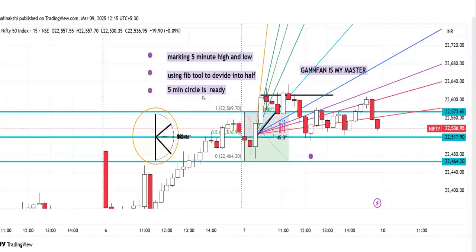Now, everything is ready: the 5-minute high and low. I've made the circle, and now I'm ready for my trade. I'm applying the Gann Fan. I've explained to you how I use it. I take the angle tool and make it 45 degrees and superimpose the Gann Fan exactly, middle line to the 45 degrees.